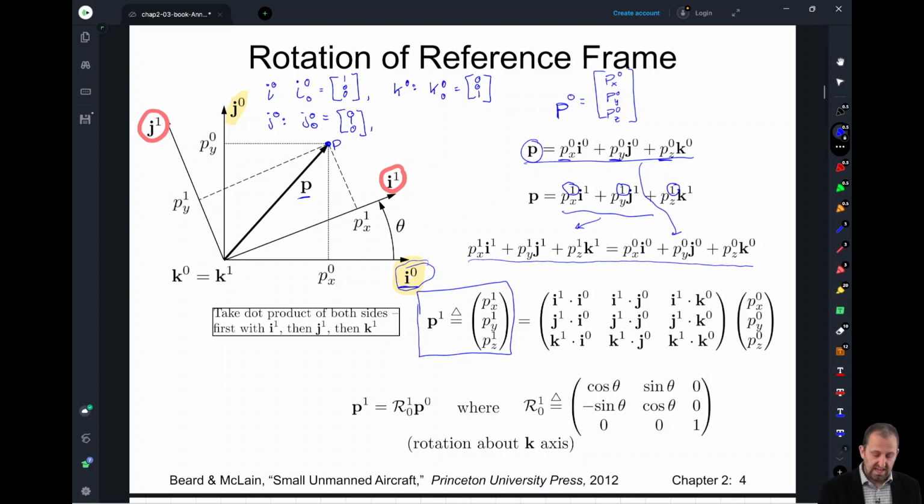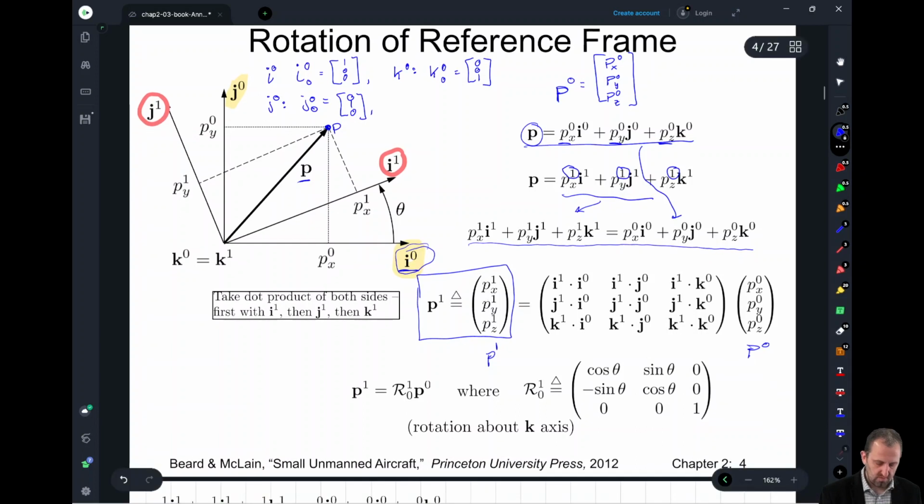So, like we mentioned in a previous lecture, we can talk about a rotation matrix to get us from the 0 representation, right? So this is just P 0, all the way over to the coordinate frame 1's representation. And we talk about that in terms of a rotation matrix.